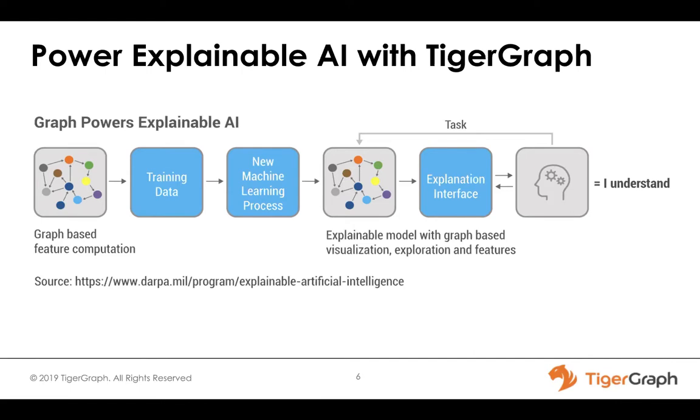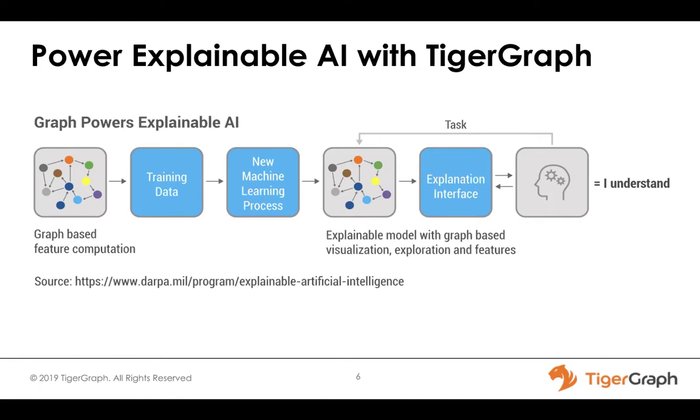And using graph, you can represent the data model and explain using an easier interface. So graph-based features will clearly show how the AI machine learning solution arrived at a particular decision based on the combination of computed feature values.